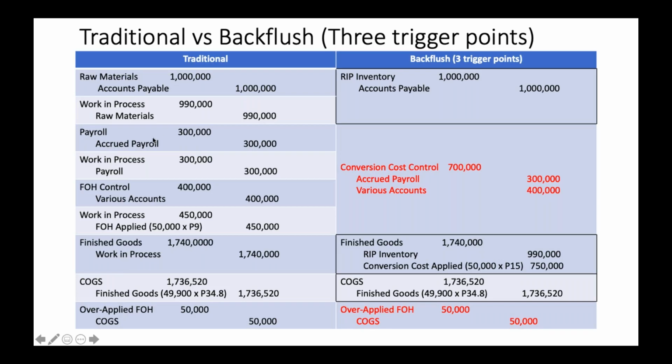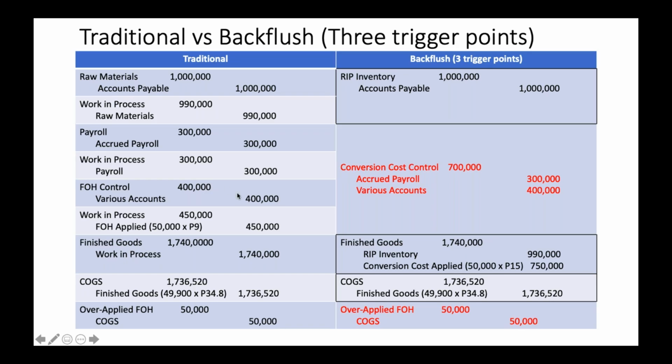Okay, payroll is the actual direct labor cost. Debit payroll, credit accrued payroll, 300,000. And then we apply it to the production, debit work in process, credit payroll. The actual factory overhead is debit factory overhead control, actual, credit various accounts, 400,000.